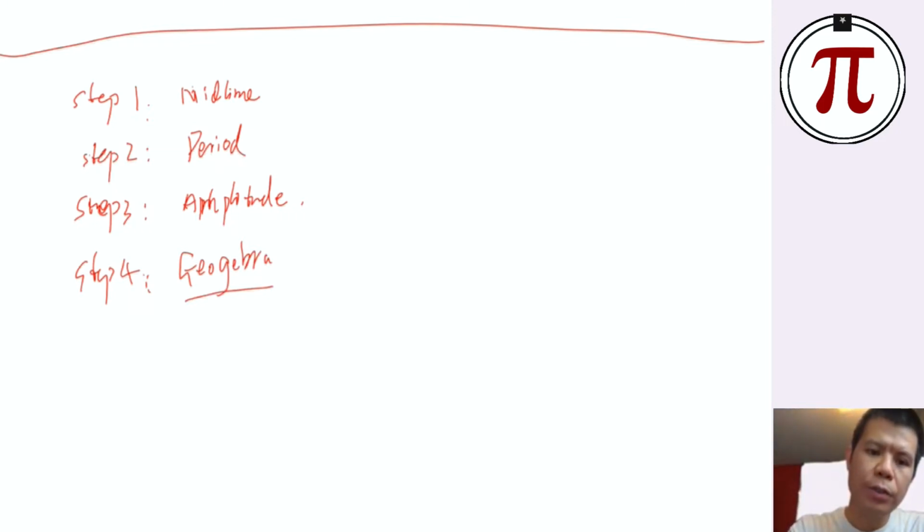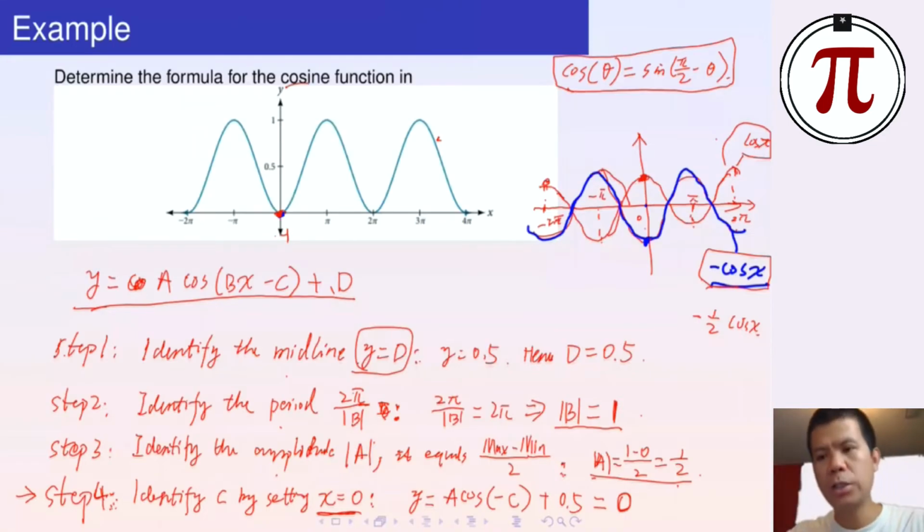The idea here is, since it's asking for a cosine function, we are going to start with a basic cosine function and make some transformations, such as shifts, compressions or enlargements, so that it becomes this shape.